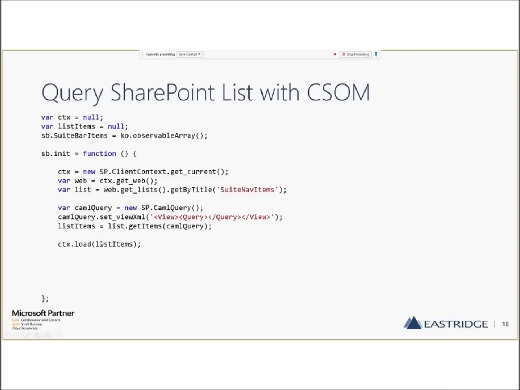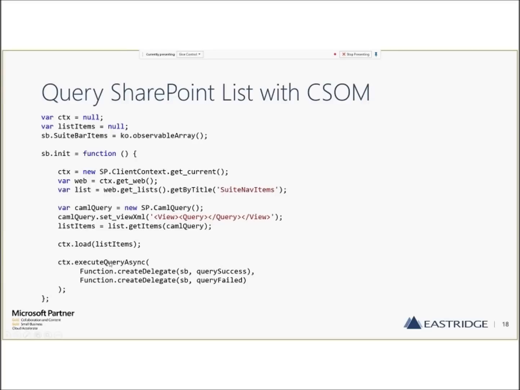So what we're doing here is we're really telling the context how we want it to load the items that we care about, and which items we care about, frankly. So here we're saying, all right, now load listItems. We really want to look at and inspect listItems. That won't happen until we call executeQueryAsync on the context.